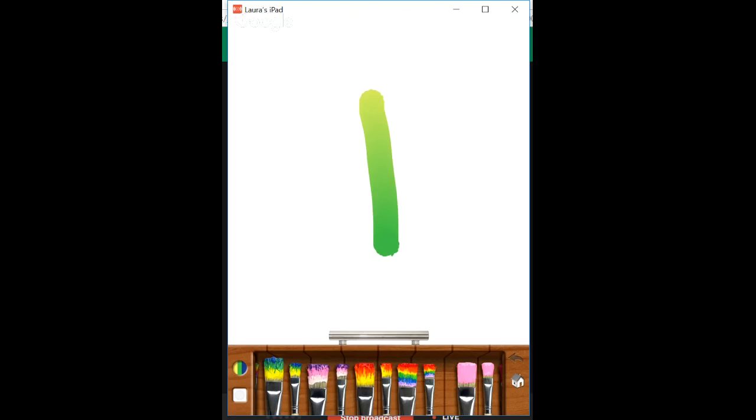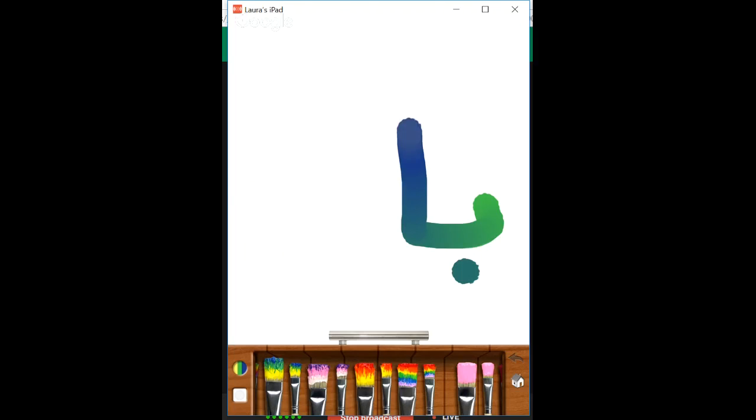Aleph is a one-way connector. It can be preceded by a letter, but anything that follows it, you need to leave a space. So let's look at an example of that. If you have, starts with ba, and then you have an aleph, and then you want to write another ba behind it, you have to leave a space.